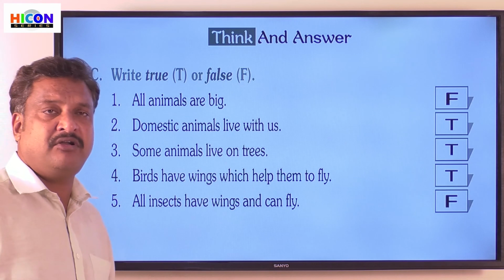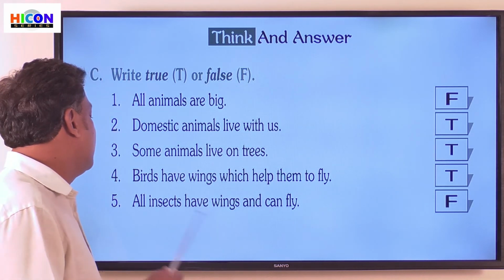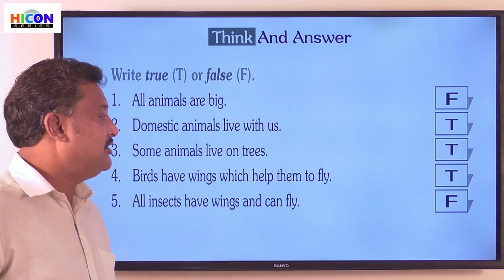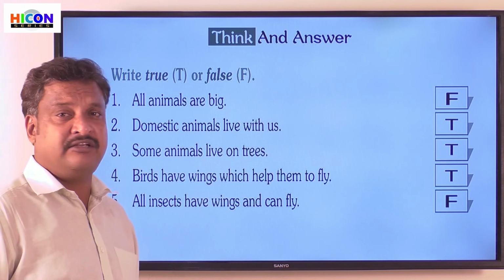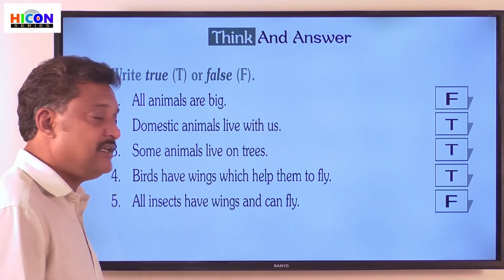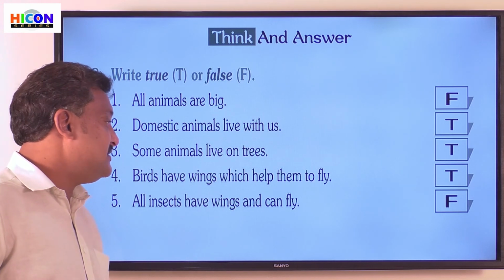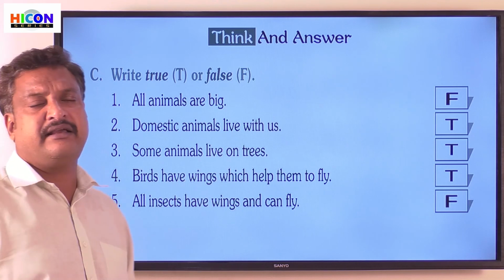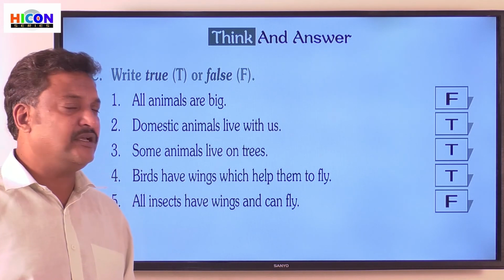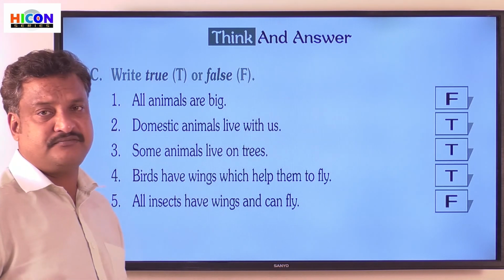It's a true statement because animals like monkeys, squirrels, etc. live on trees. Birds have wings which help them to fly. Birds are the kind of animals which can fly, and they fly with their wings, and so the statement is a true one. Last one. All insects have wings and can fly is a false statement because insects like ants, spiders, etc. cannot fly. Okay, so the statement is a false one, right?